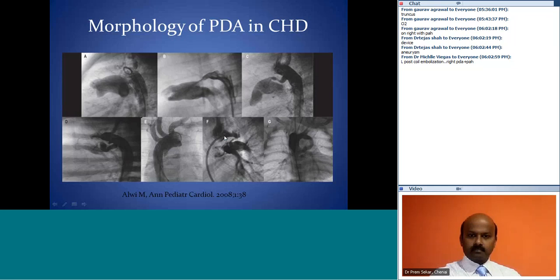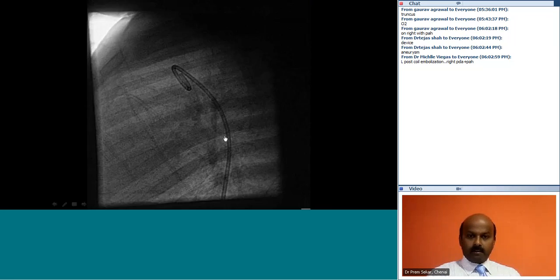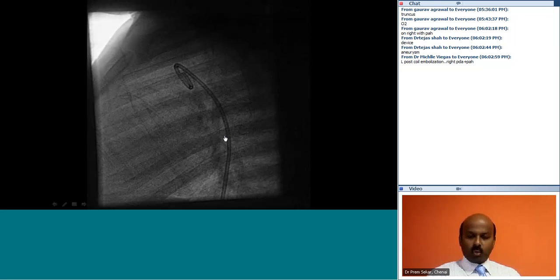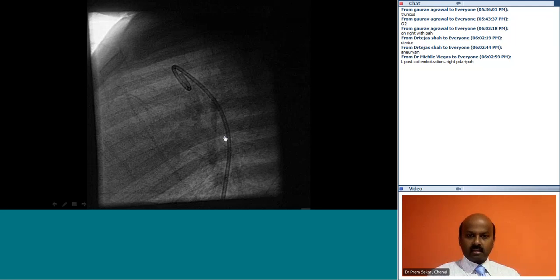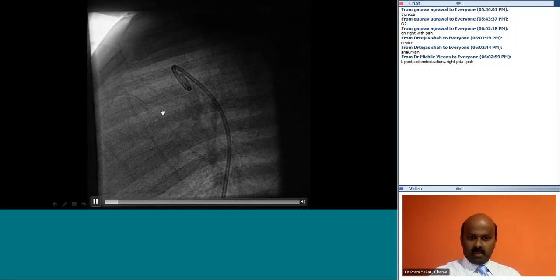This is the lateral aortogram, which profiles a very small patent ductus arteriosus, conical in shape, type A patent ductus arteriosus with a small shunt into the main pulmonary artery. You see the valve profiled here.